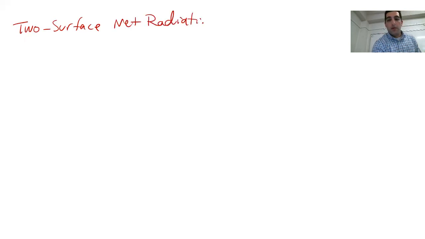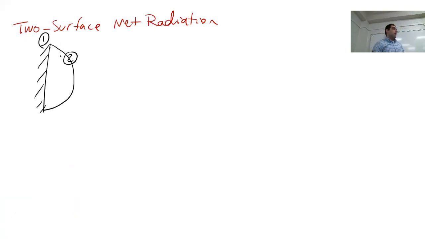So if you have two surfaces and net radiation, let's assume we have something like this, and another surface like this. This is surface 1, and this is surface 2. You can treat it as an enclosure, and here it says it shouldn't necessarily be an enclosure, which makes sense as well. It doesn't need to be.